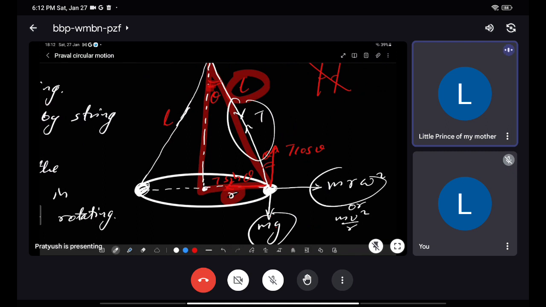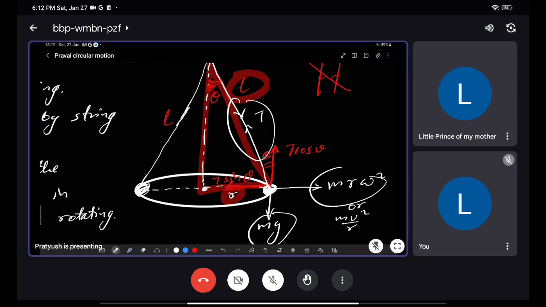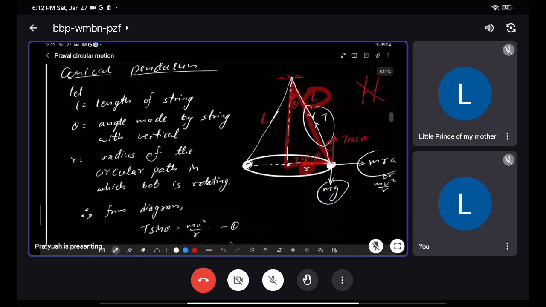Copy it, sir. Now, here L is the length of a string, theta is the angle made by the string, and R is the radius of the path.